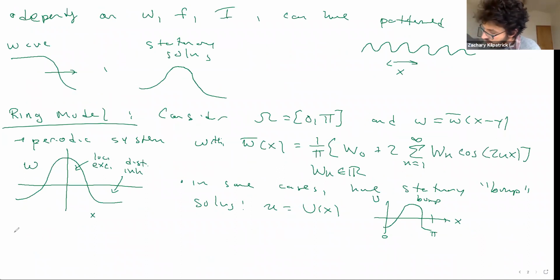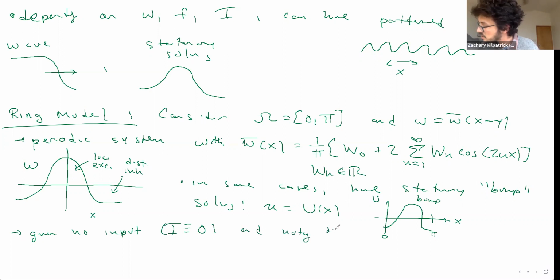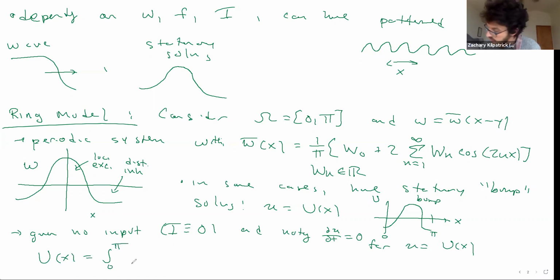So given no input, I0, and noting that du dt equals 0 for U equals U of x, then we have U of x equal to the integral from 0 to pi of W bar of x minus y times f of U of y, dy.